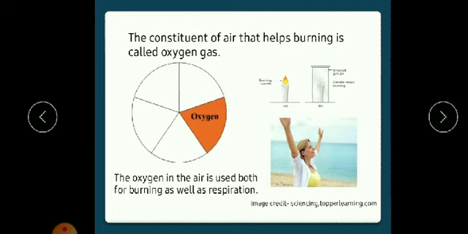As you can see here, it is shown in orange color. Apart from oxygen, there are other gases in the atmosphere. Children, the oxygen in the air is used both for burning as well as respiration.